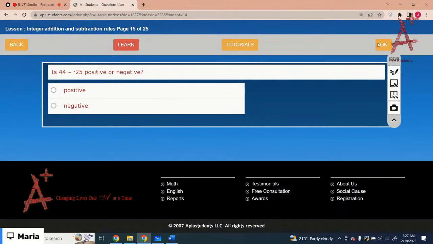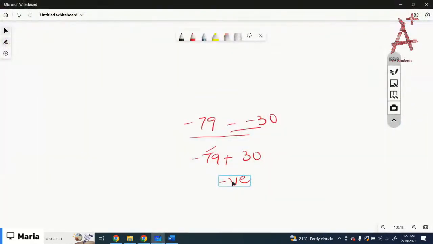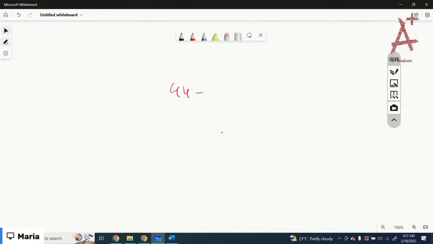Okay, is 44 minus negative 25 positive or negative? So subtracting a negative number is the same as adding.